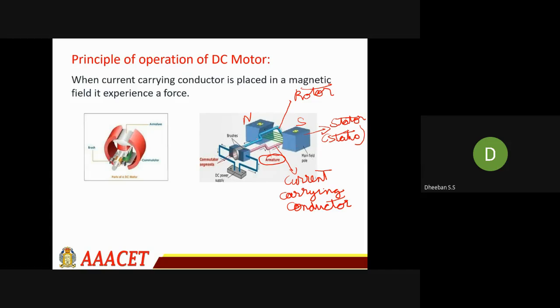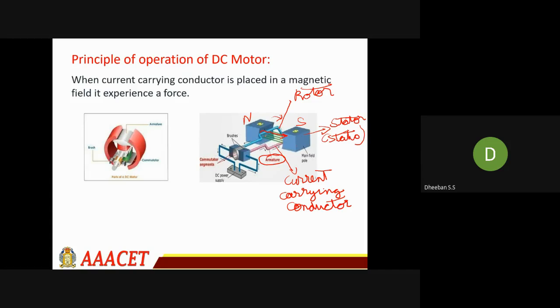Whenever there is a magnet, the magnetic field of force will be moving from north pole to south pole. If you are introducing a conductor with a winding and making this rotate, regarding this I have already briefed in your first unit based upon three phase and single phase quantity.